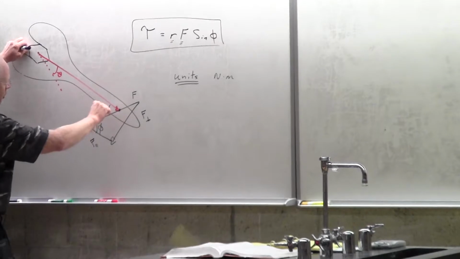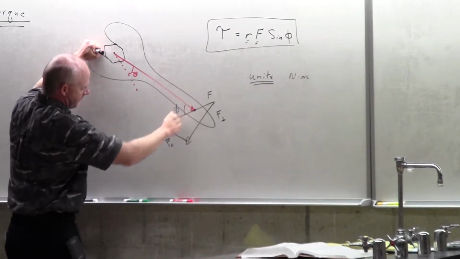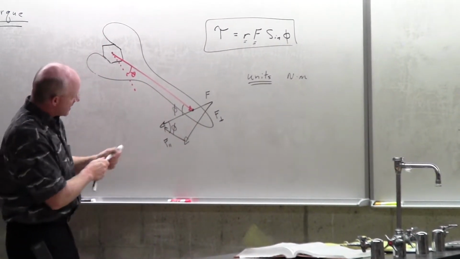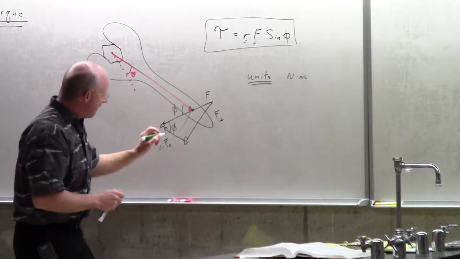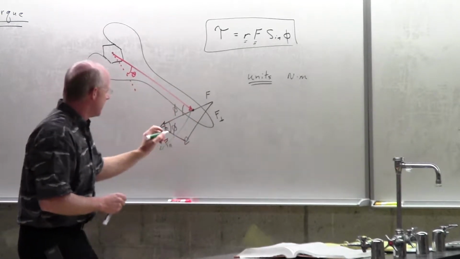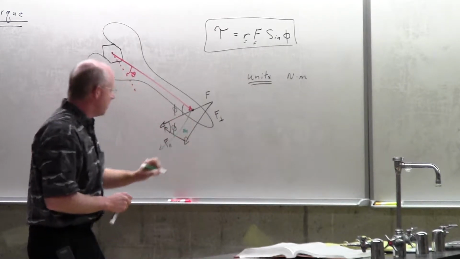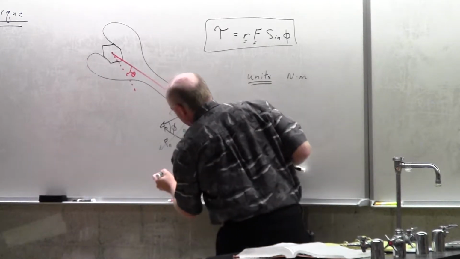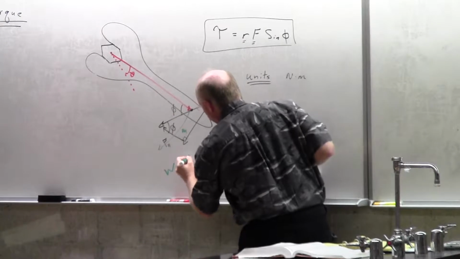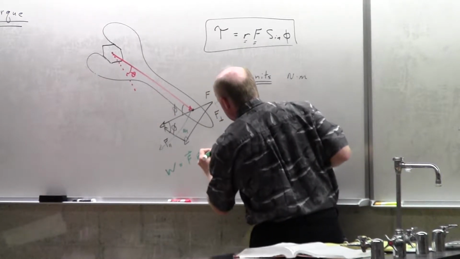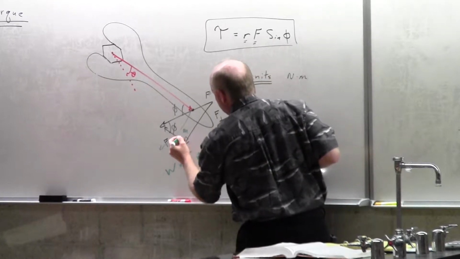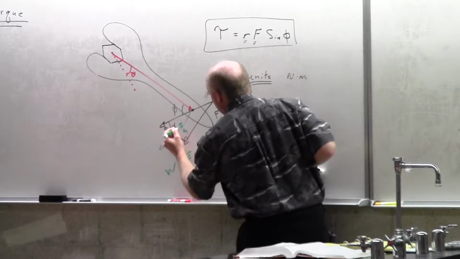If you were to turn this wrench here, then yes, there would be a distance it moved, and this distance would be measured in meters. And if you went to calculate the work, it would be force times the distance. We might call the distance S for an arc length, as it moved along an arc.